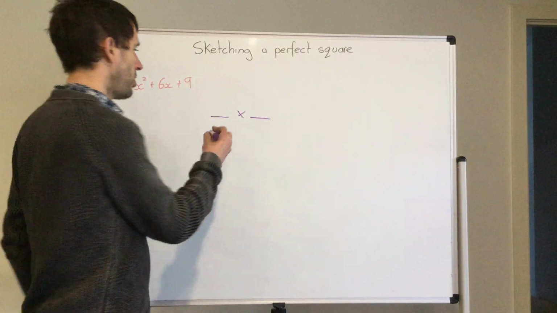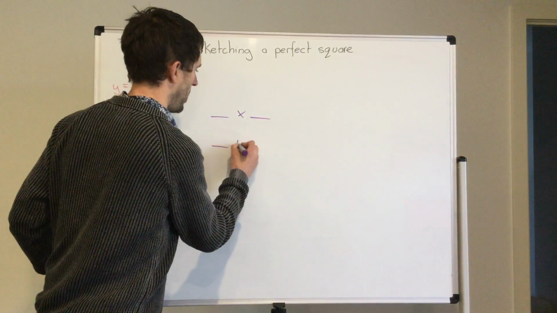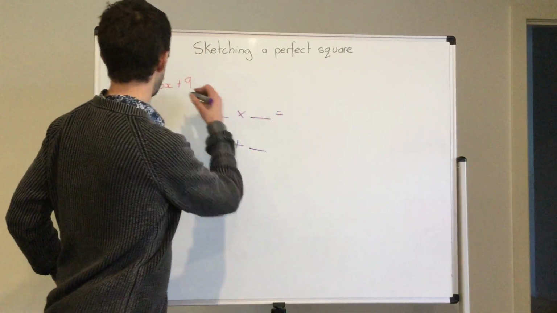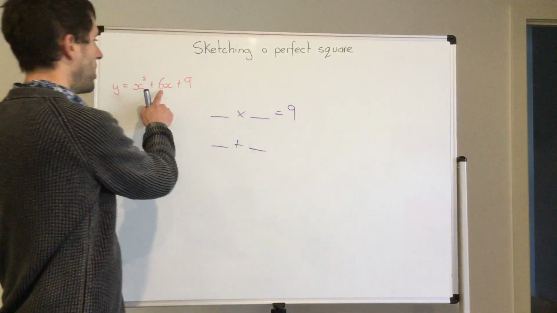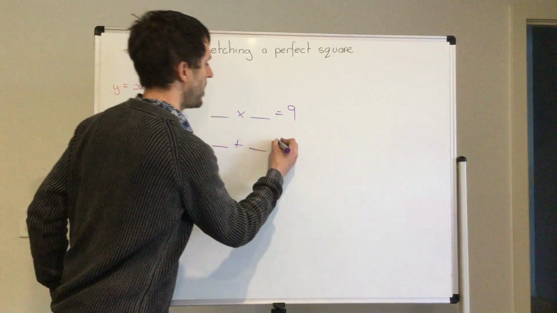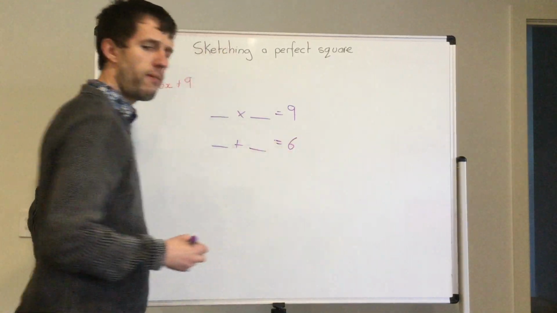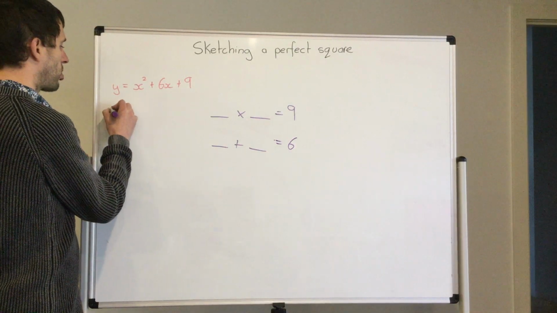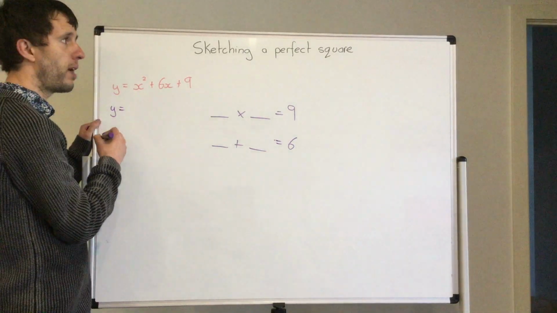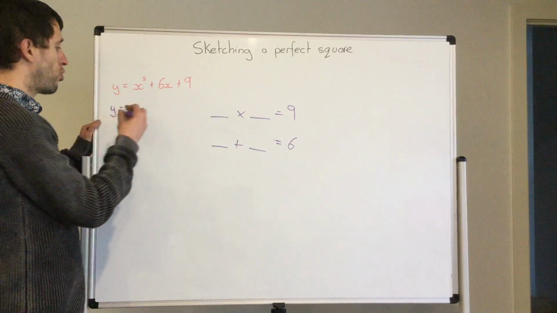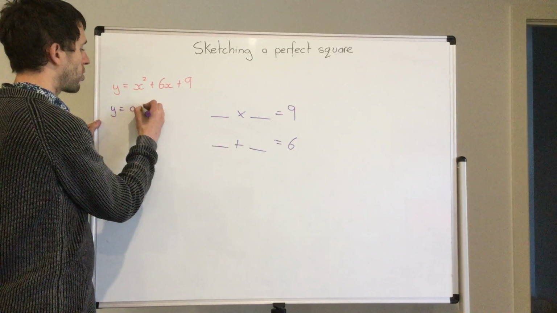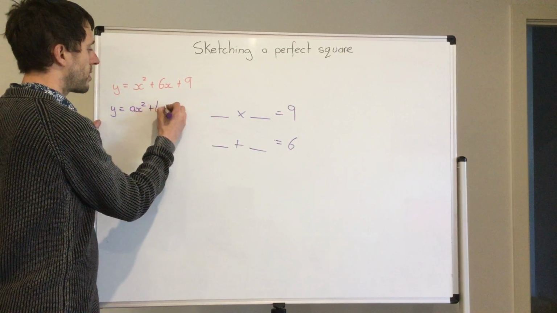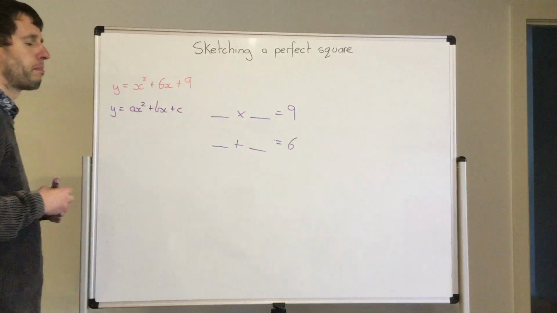So thinking about two numbers that times together to equal c, so 9, and two numbers that add up to b, which is 6. And if you don't know why I'm saying b and c, it just comes back to our standard formula of a quadratic, ax squared plus bx plus c.